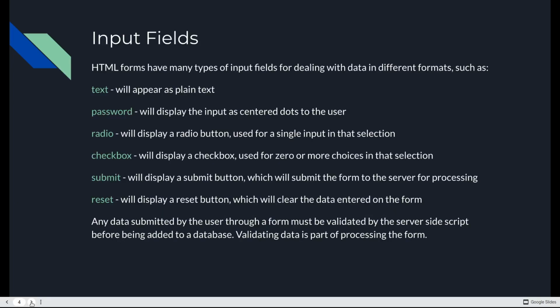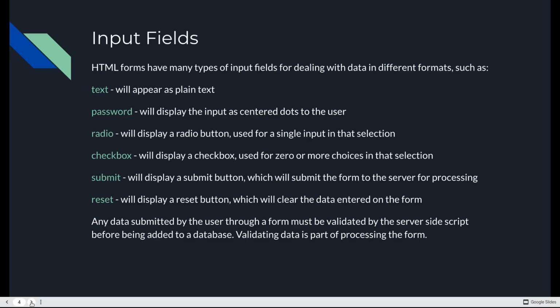So now that we know what a form is, we know that it needs to be parsed with some PHP, and we're going to touch on that later. What does a form contain? Well, it contains a bunch of input fields for dealing with data in different formats. For example, text fields. These will appear and accept plain text data.